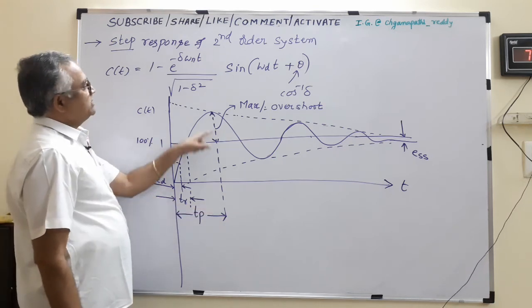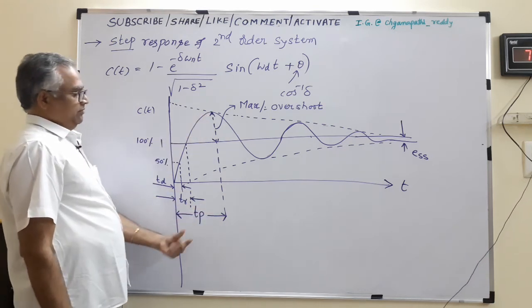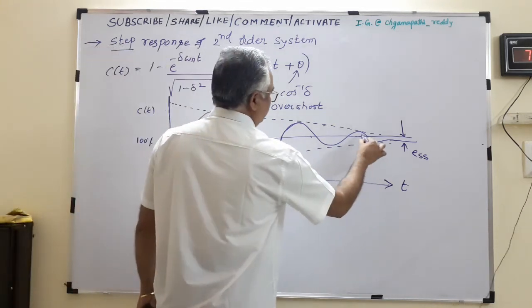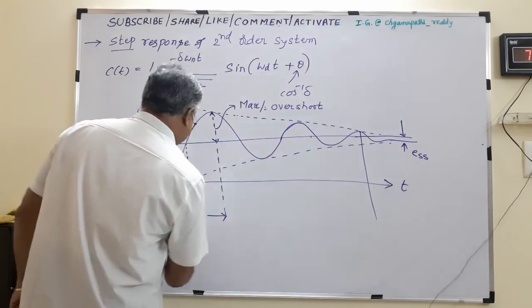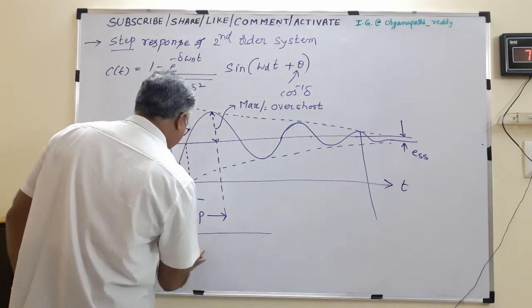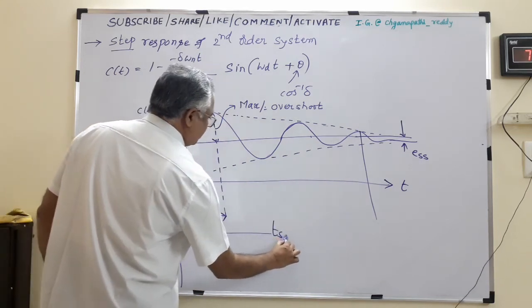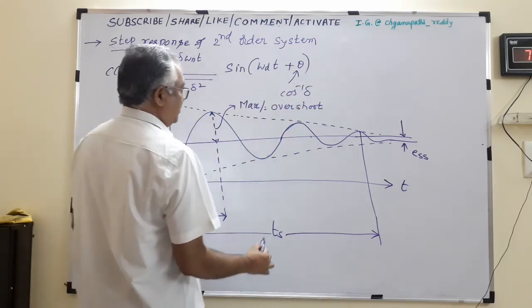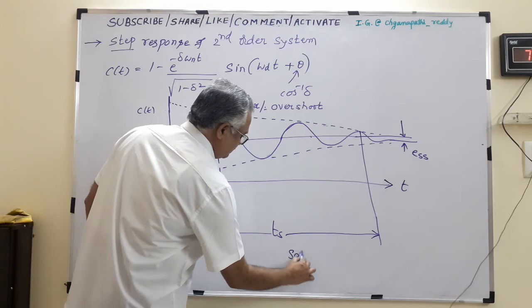The time taken to reach the peak value is called the peak time. Then this is the settling time. TS is the settling time.